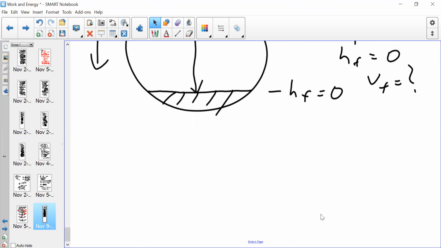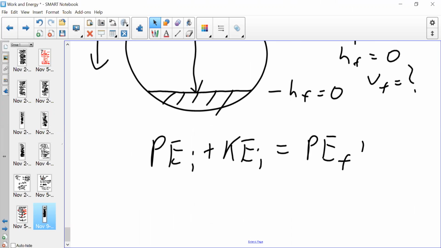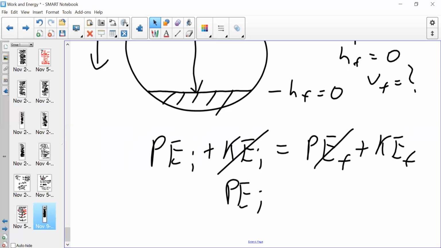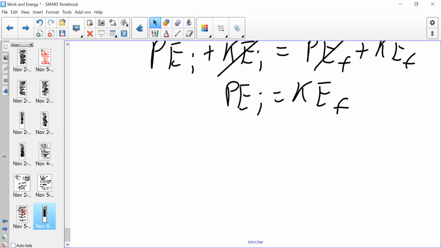Perfect. So now let's take the equation, our conservation of energy. There's no kinetic at the beginning, and then there's no potential at the end. So EI equals EF. Then we have mghi equals 1/2 m vf squared.